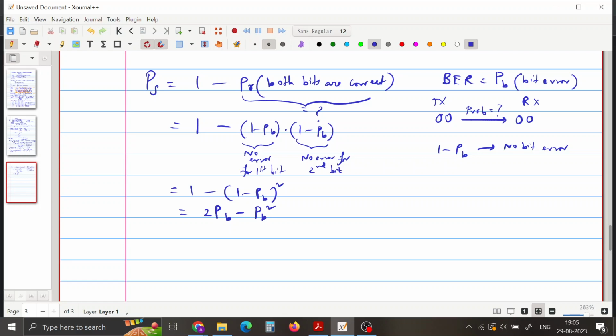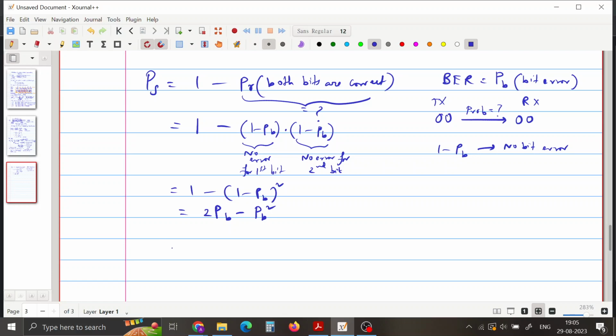Note that it's not equal to 2PB. Some people might think, for QPSK one symbol has 2 bits, so if the bit error probability is PB, then I can straight away conclude that the symbol error probability would be twice PB. But that's not exactly the case here. It's actually 2PB minus PB squared.